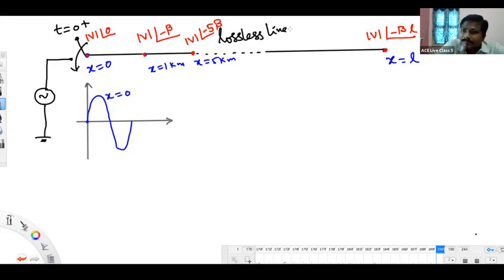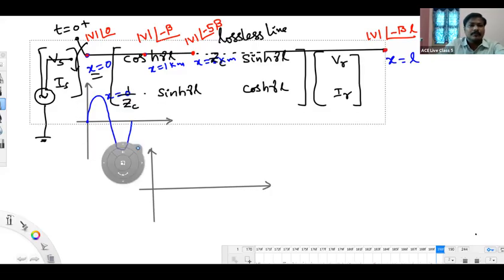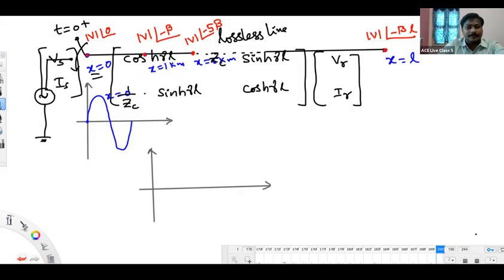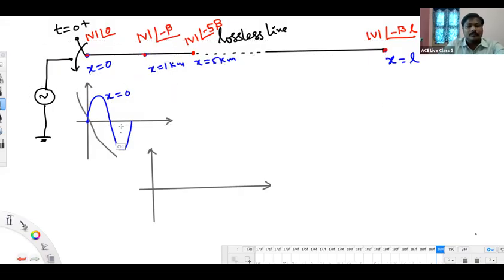At x equals 1 kilometer, how is the wave?